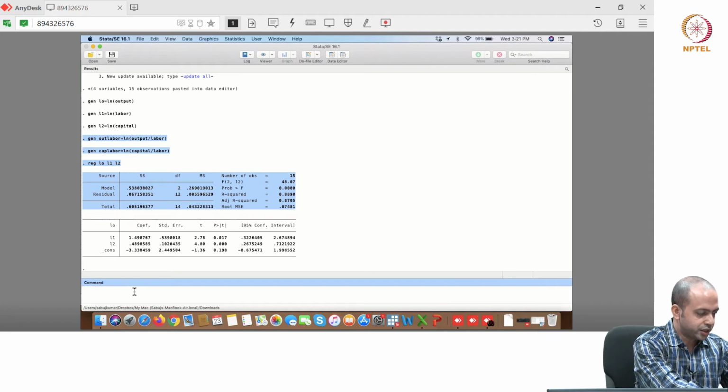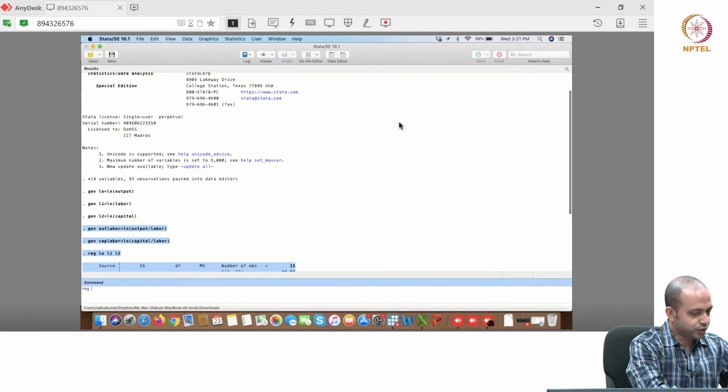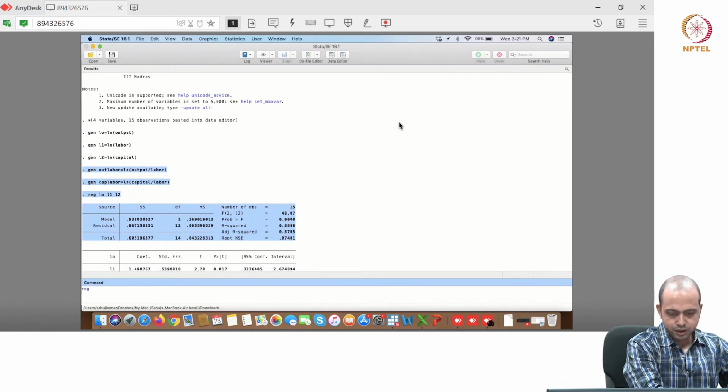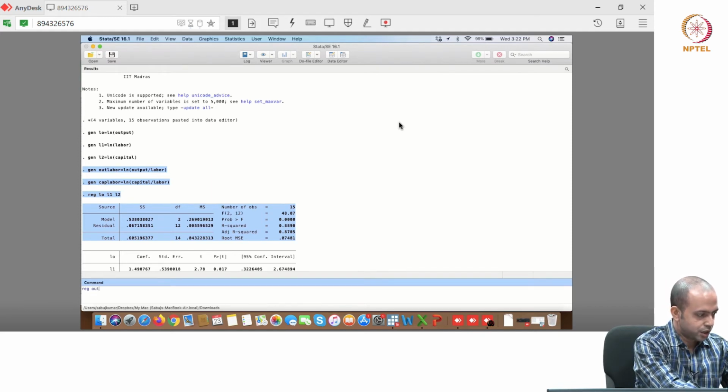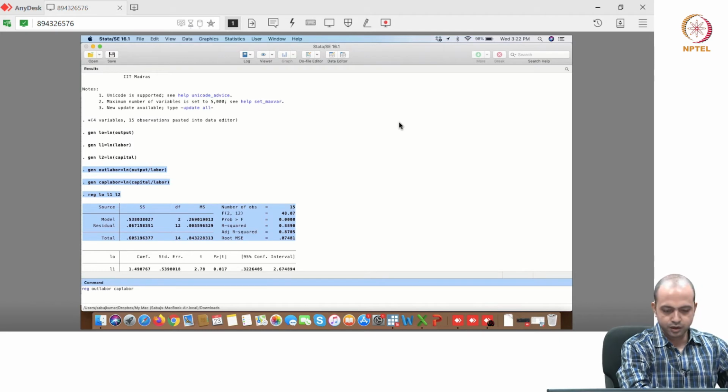Now you run the restricted version: reg, out labor, output per labor, is the dependent variable, and the independent variable is cap labor.